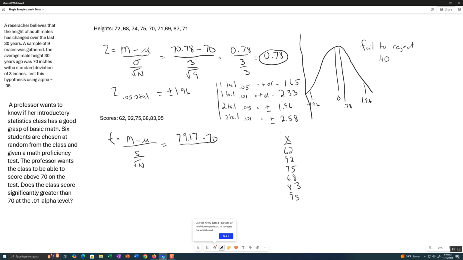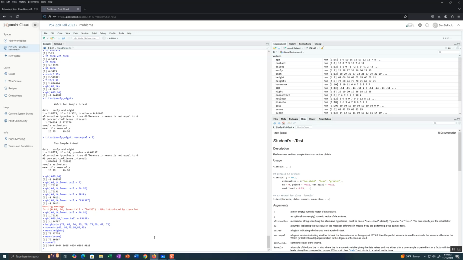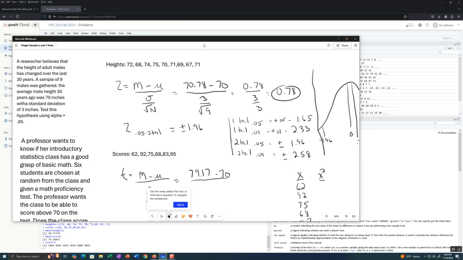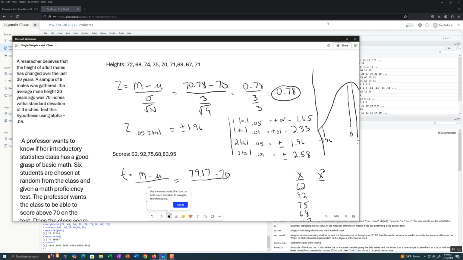So I need an x squared column. So let's take all these scores and let's do score squared. Let me move this out here so I can copy it. And I failed that time.